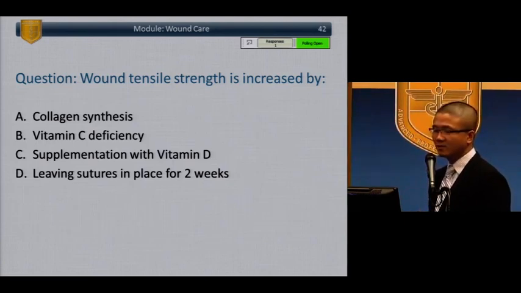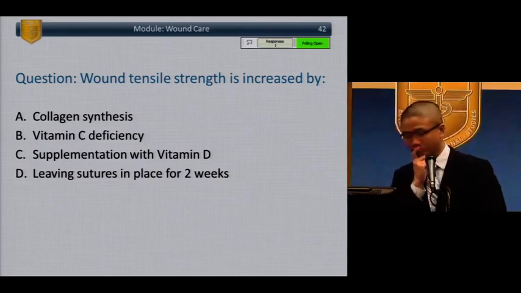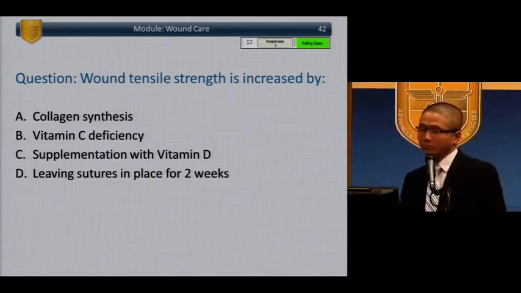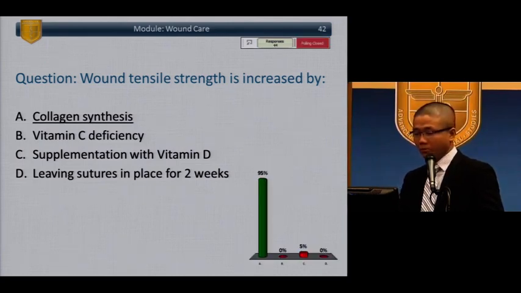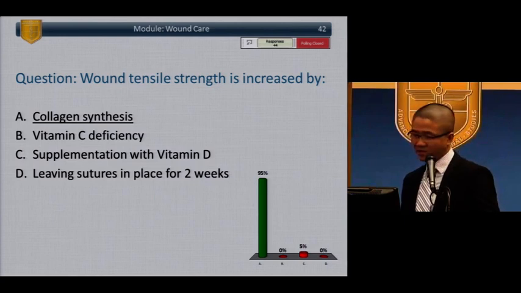Wound tensile strength is increased by anything that promotes collagen synthesis and stabilization.